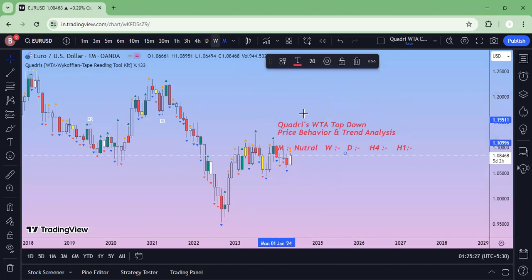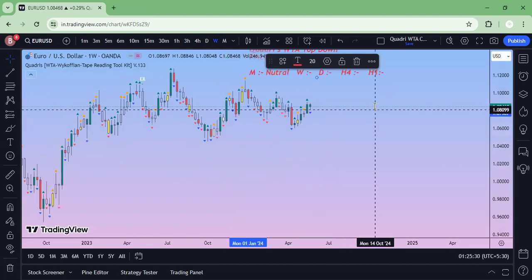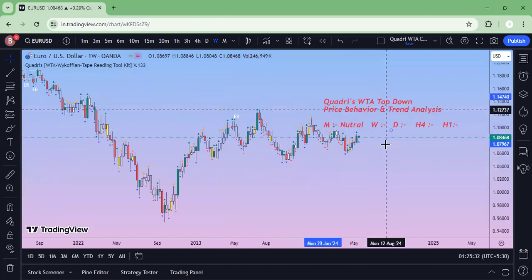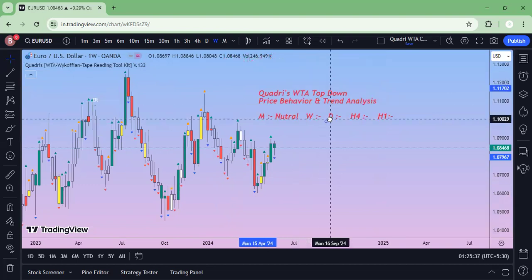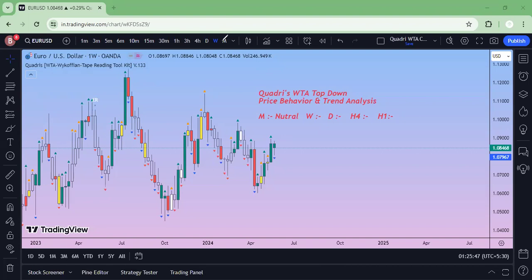What is happening on the weekly time frame? If you see on a weekly time frame, the no demand situation, the no supply bar that was getting printed on monthly, was because of this. Trend change, trend change, trend change and continuation, trend change, trend change.